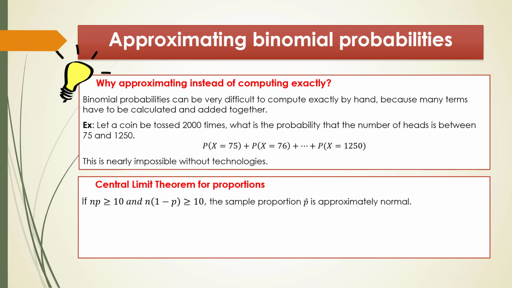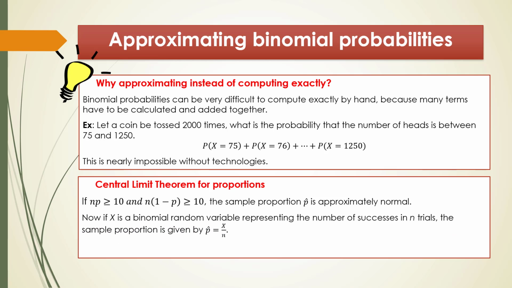And we know that x is basically n times p hat, where x is a binomial random variable representing the number of successes. So basically x is just a constant times the random variable p hat, where p hat is approximately normal. So of course x should be also approximately normal.